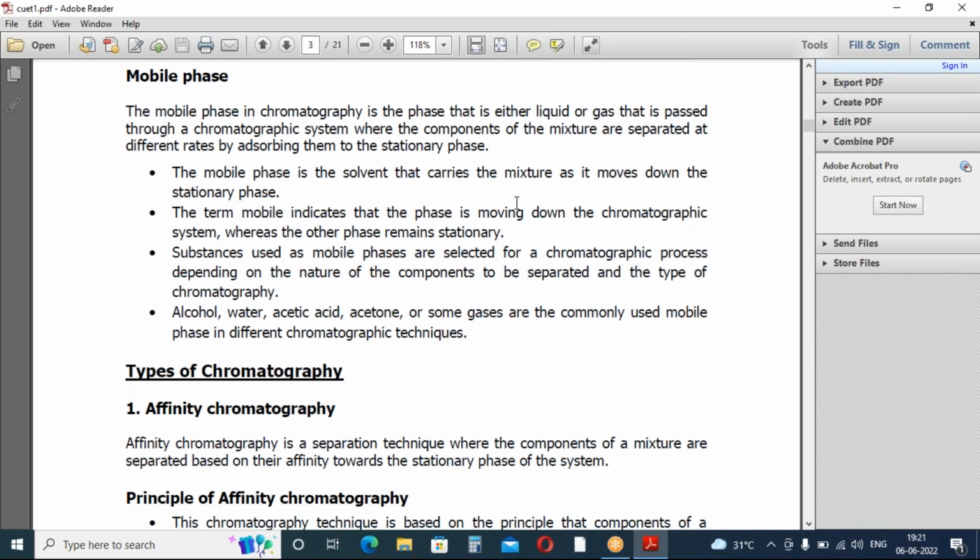First of all, what is meant by affinity? You have to answer the questions, use the chat box. What is affinity?